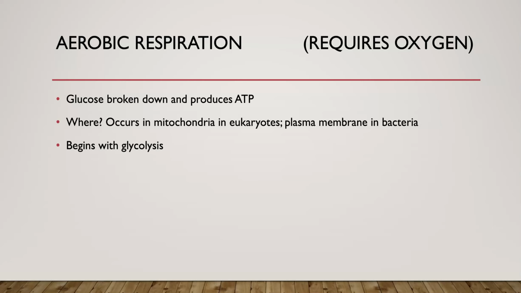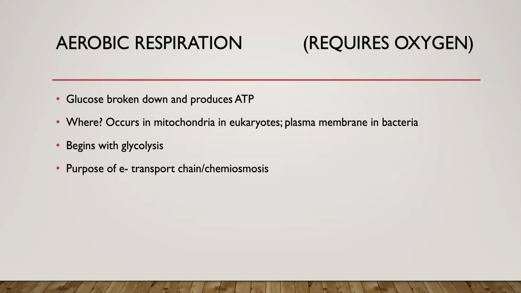It begins with a biochemical pathway called glycolysis, and you will hear this again. So glycolysis is the breaking in half of a glucose molecule. You produce a total of 2 ATP molecules, but through aerobic respiration, you actually can produce many more ATPs.